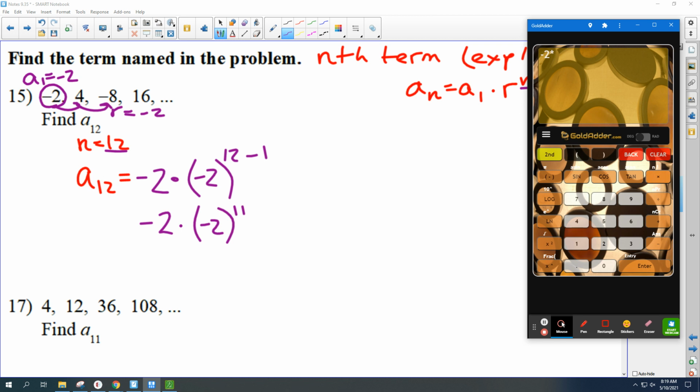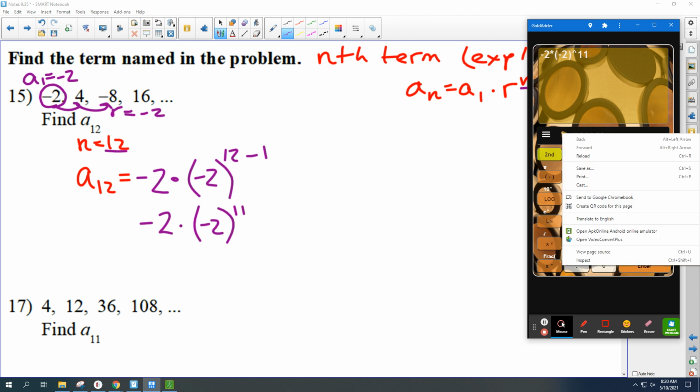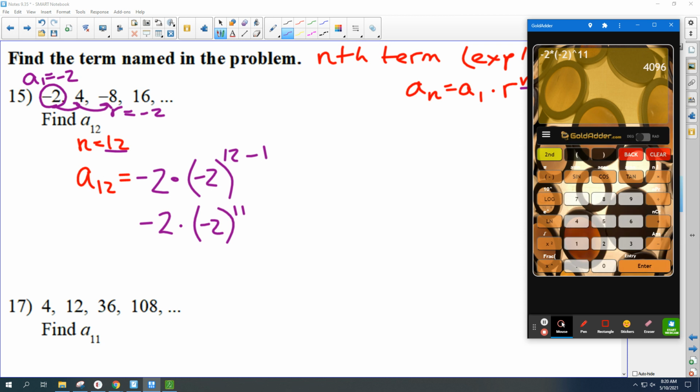Negative 2 times parentheses negative 2, and again, I can't stress this enough. If you don't put the negative 2 in parentheses, you might not get the right answer. Depends on how your calculator handles it, and a lot of them don't handle it right. So negative 2 times negative 2 to the 11th power, 4,096.